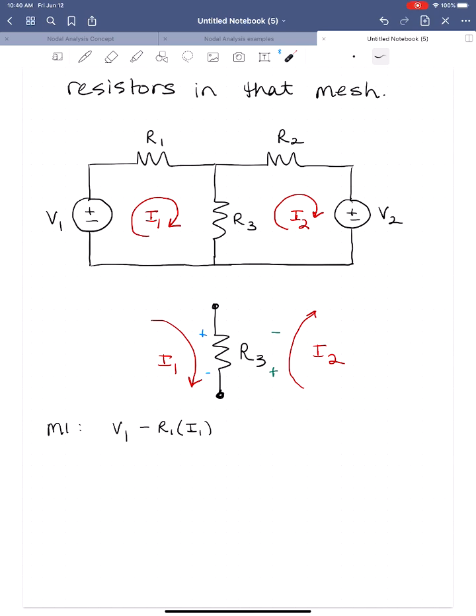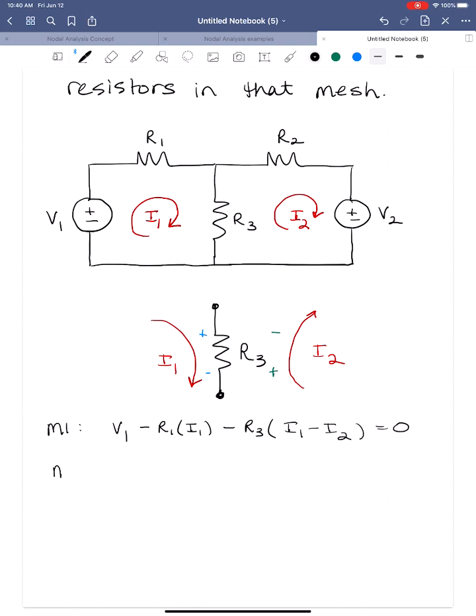Since I'm moving from plus to minus, I'm going to subtract the voltage, and the voltage is going to be R3 times the current that flows from plus to minus. Looking back at this cutout, that current is I1 minus I2. I'm back to where I started, and I can sum to 0.